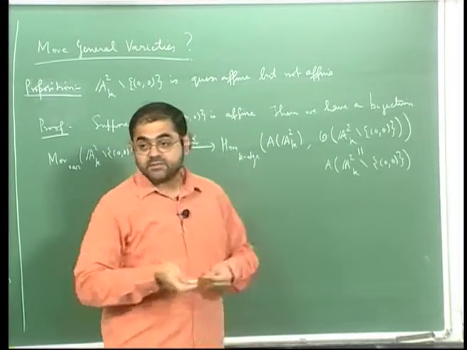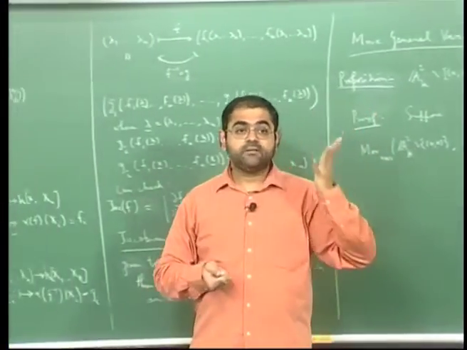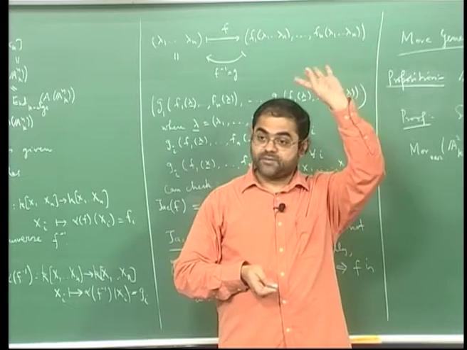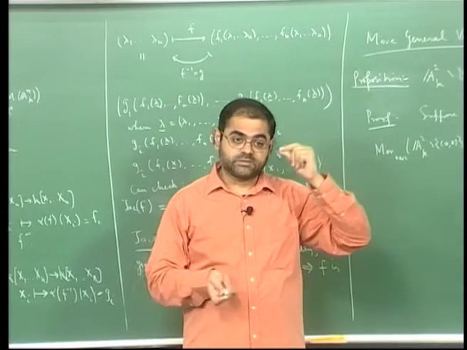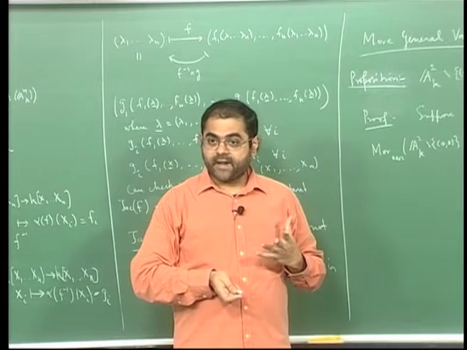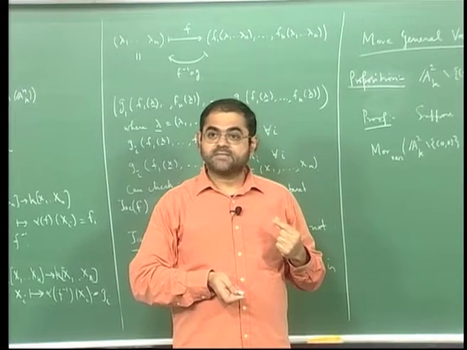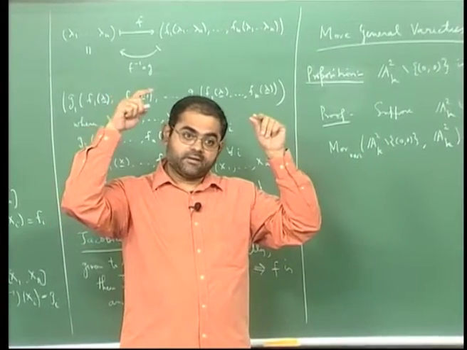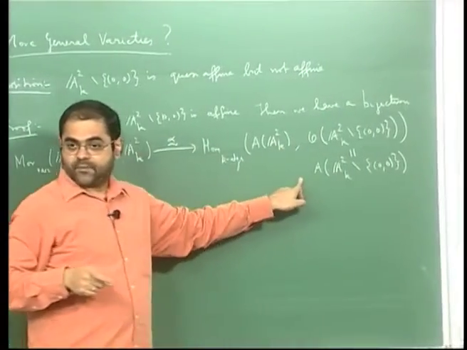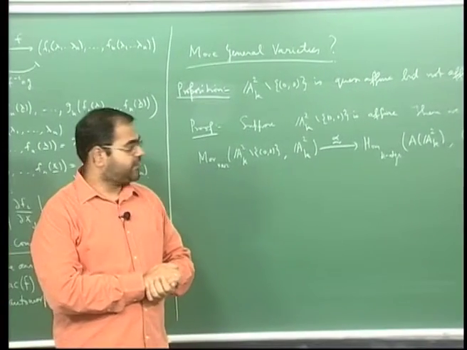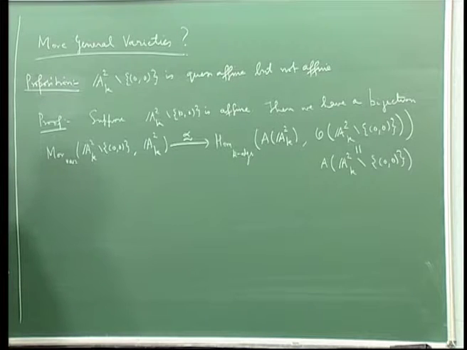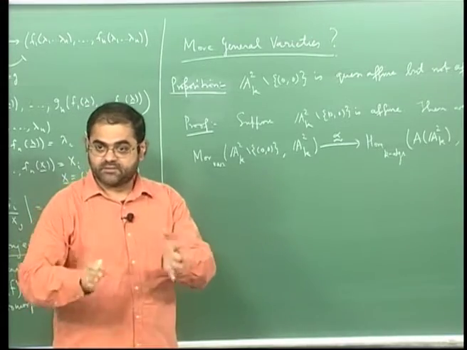Because I have assumed A2 minus a point is affine, there is some embedding of it into some big affine space, I do not know what dimension, certainly dimension greater than or equal to 2. In that affine space, since it is realized as a closed subvariety, I take the ring of polynomial functions there, and that is what this A means, and these two are one and the same. That is something that we have proved for an affine variety: the regular functions and the ring of polynomials are one and the same. Of course by polynomials I mean polynomials restricted to the affine variety.